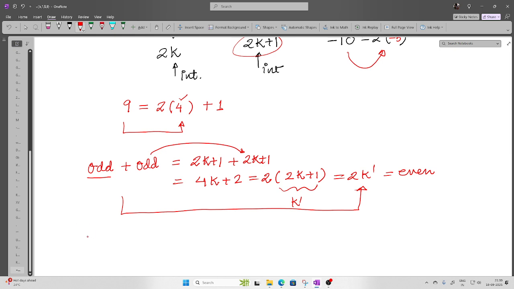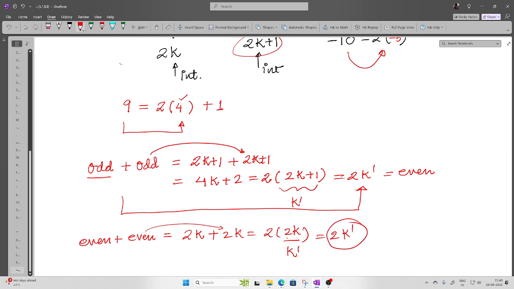Likewise, whether even plus even is odd or even, let us check. Even numbers follow the 2k rule, and this is again 2k. So it is 2 times 2k. Now 2 is an integer, k is an integer, so an integer times an integer will be an integer. Let's say this is k prime. So again this is following the 2k rule.